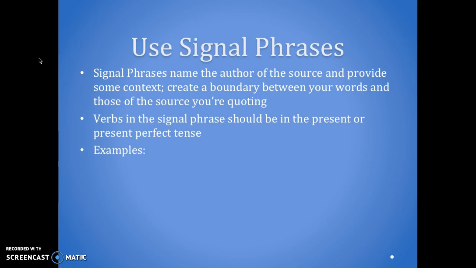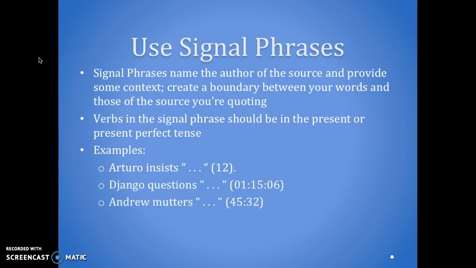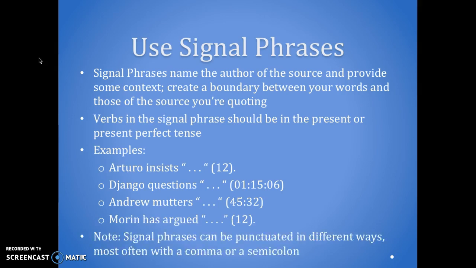The examples offered here are pretty basic, but they'll help you get the job done for the first writing assignment. If you'd like to see other ways to construct a signal phrase, check out the learning resource I've posted to this module.